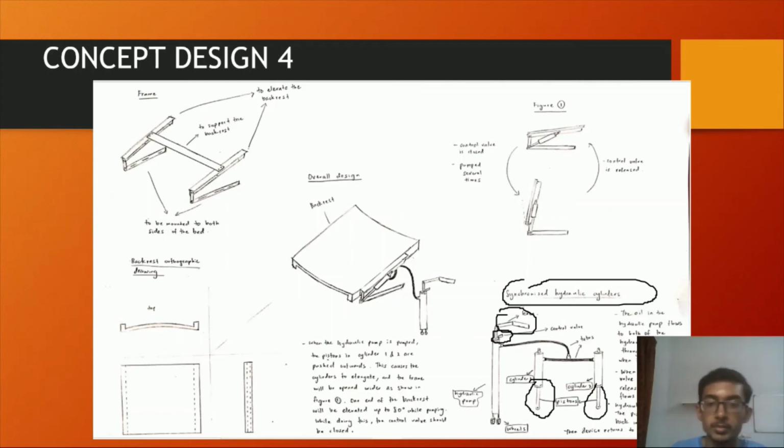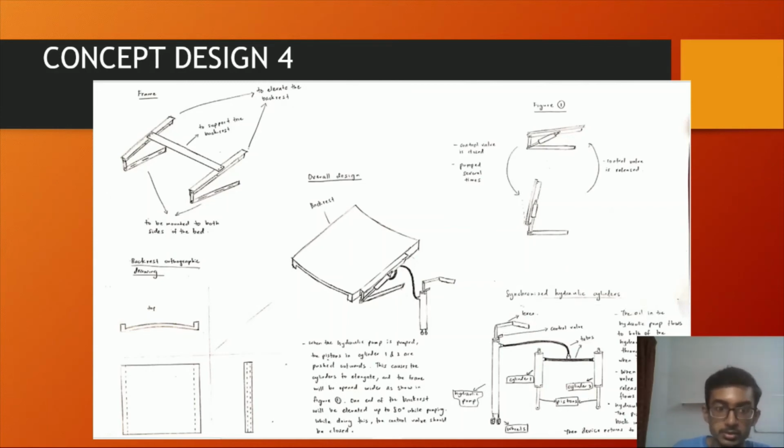It will become longer, and then once this valve is opened, the hydraulic fluid inside will be released, and the piston will be pushed back inwards, and the hydraulic cylinder will become short again. It will return to the original position.